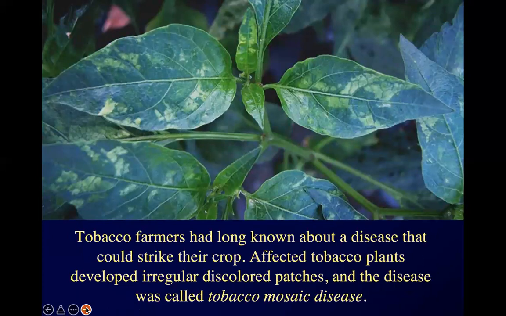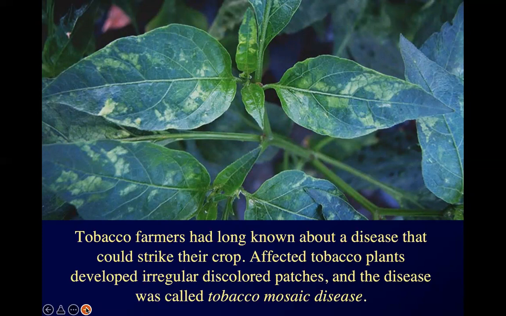One of the things that we can see from the top of our mountain is evidently some discolored plants, which is perhaps not the view you were looking for. These are tobacco leaves, and tobacco farmers knew about a disease that their crop could get. Plants that were affected by this disease developed irregular patches of discoloration on the leaves.